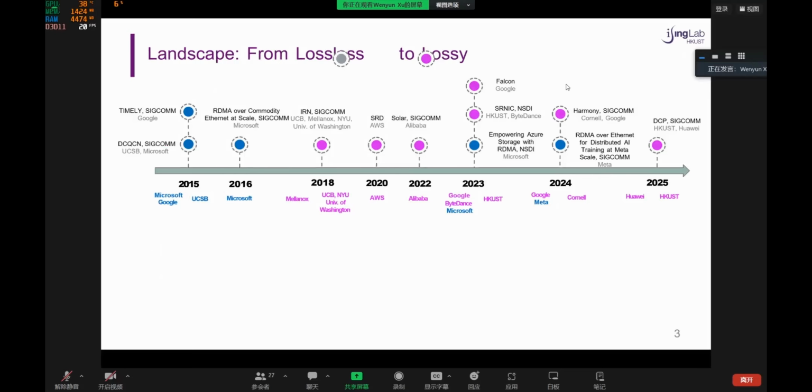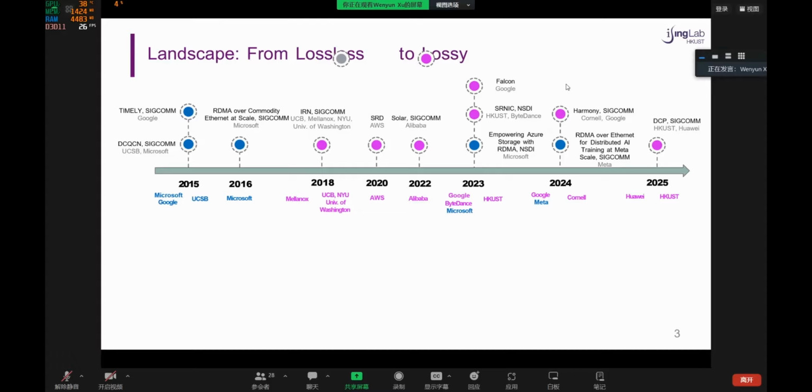First, I would like to introduce the landscape from lossless RDMA to lossy RDMA. As shown here, around 2015 to 2016, almost all data centers adopted lossless RDMA solutions. This system relied heavily on PFC or CBFC to ensure a lossless underlying fabric.